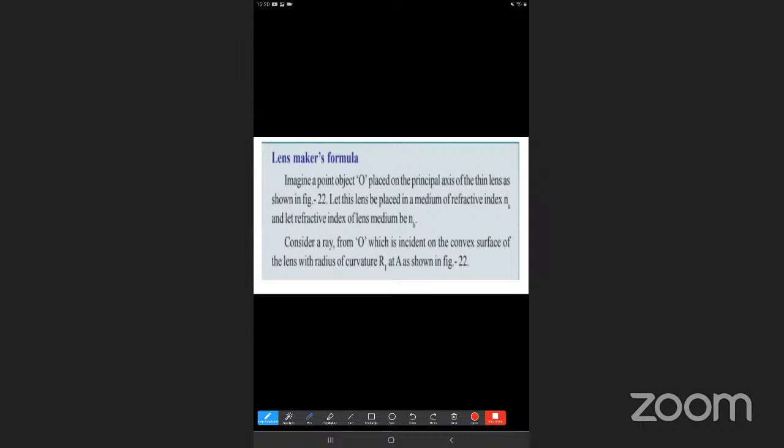I'll show the figure here. Consider a ray from O which is incident on the convex surface of the lens with radius of curvature R1 at A. Here this is the principal axis, and here we have the pole.